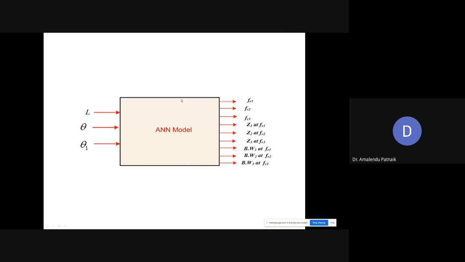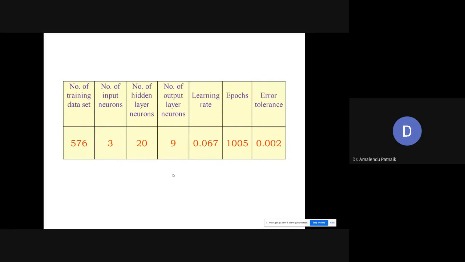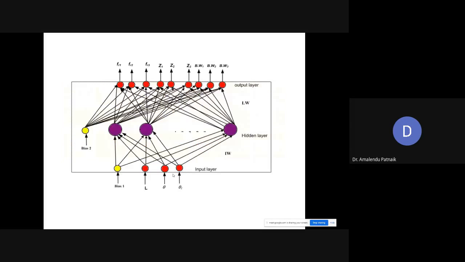Okay, and a trained neural network model was developed. These are the parameters of the training data for the neural network. This is the neural network for different L, theta, theta 1. We calculated these values. That is the first step of implementing that design process.